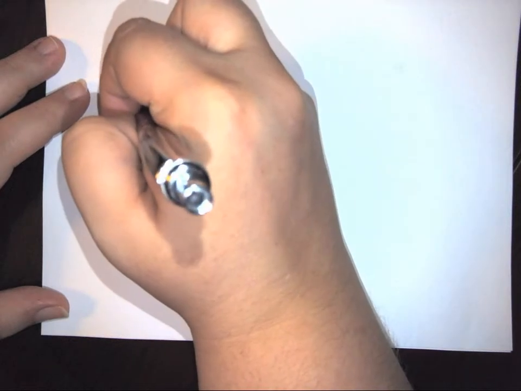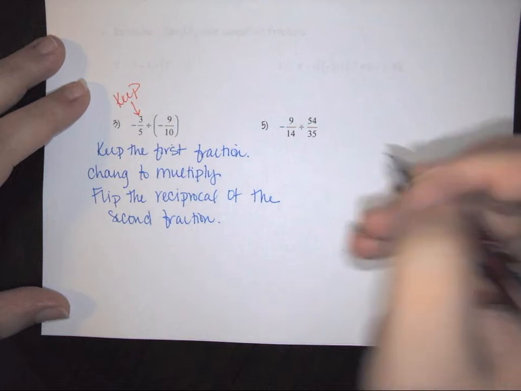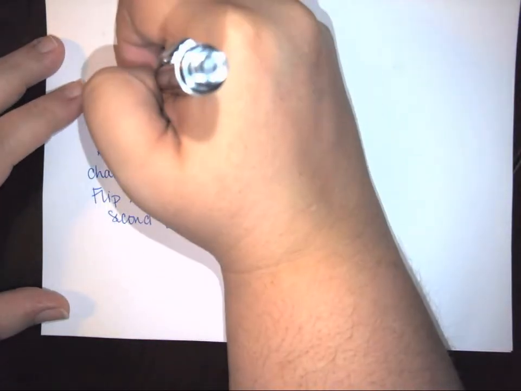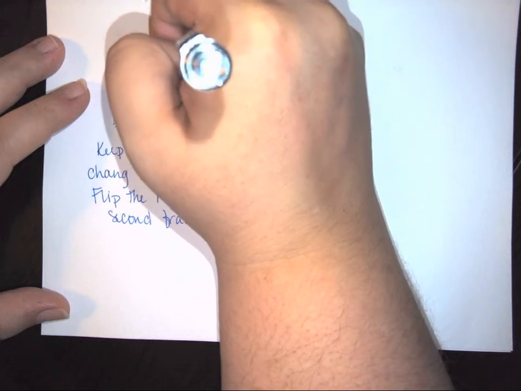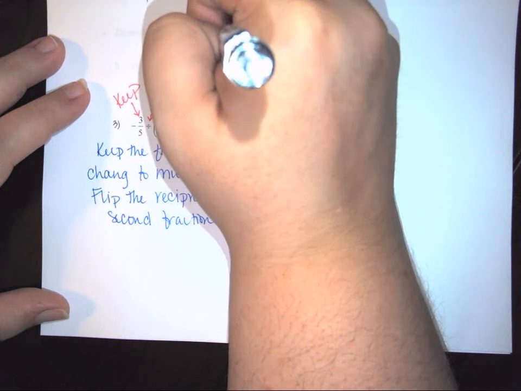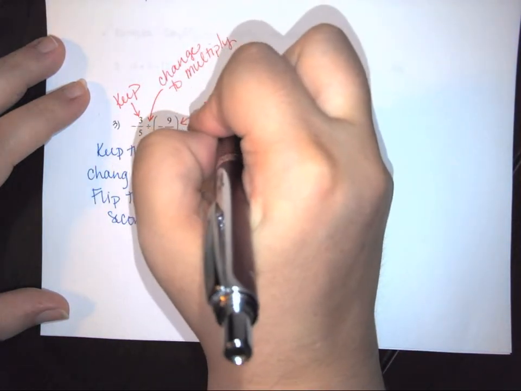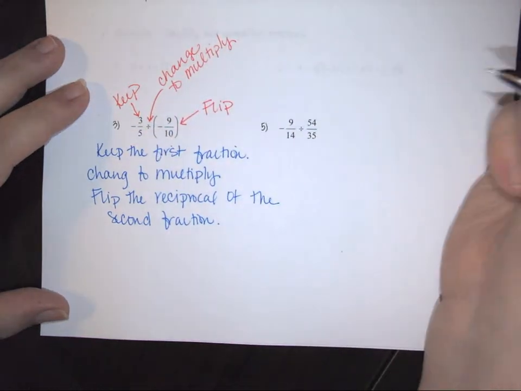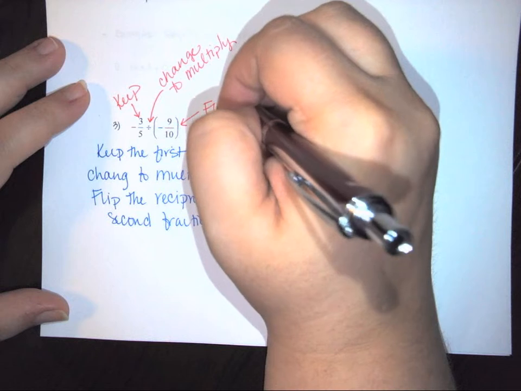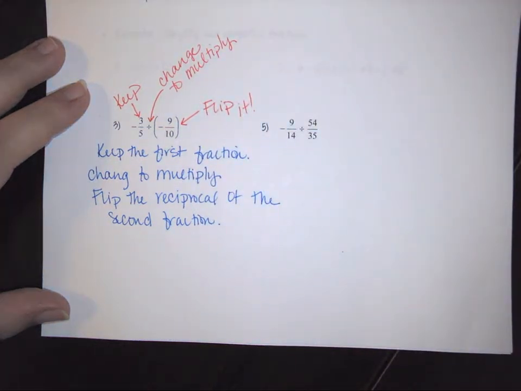In other words, we are going to keep this fraction the same. We are going to change this to multiplication, and we are going to flip the reciprocal here. Flip it is kind of like making a handstand.